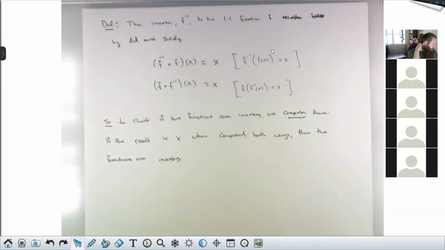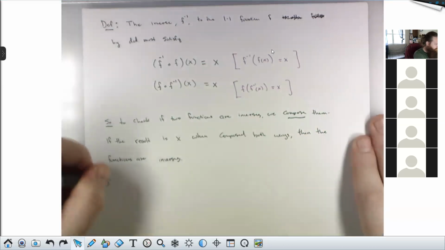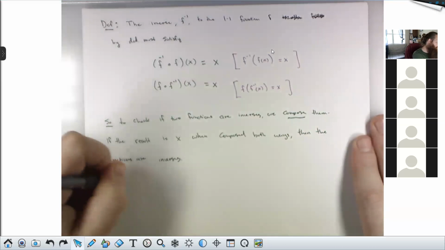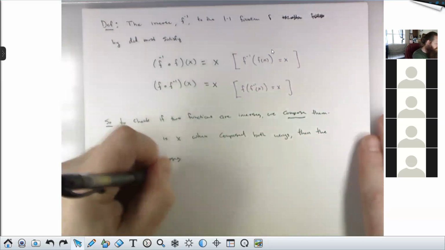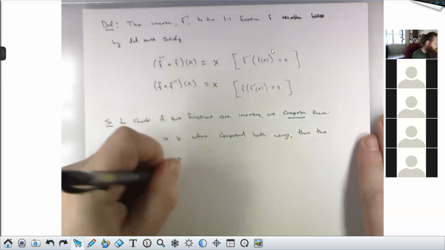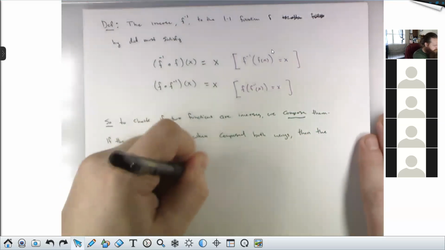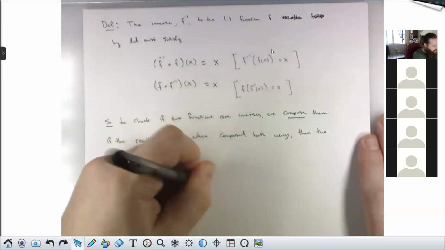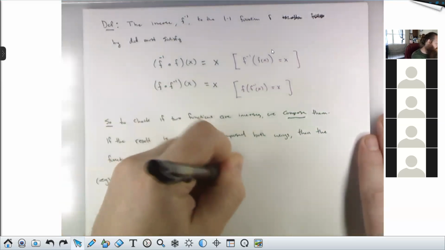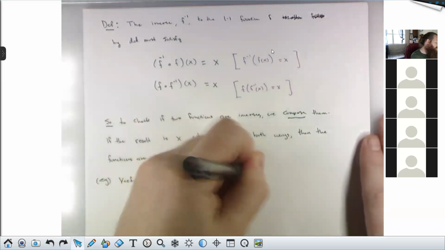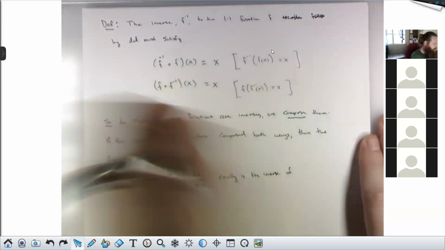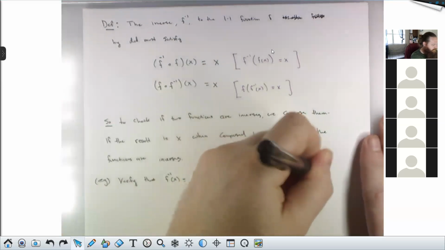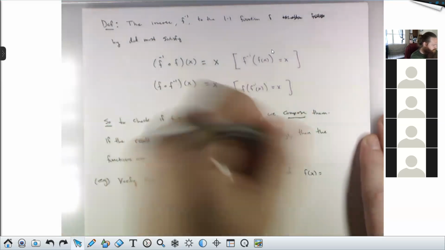So let's take the one that we just had. Verify that f inverse, the thing that we think is the inverse to that function, which was 2x over x minus 1, really is the inverse of f of x equals x over x minus 2.